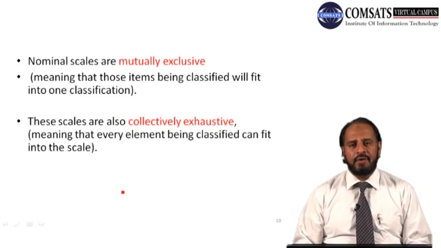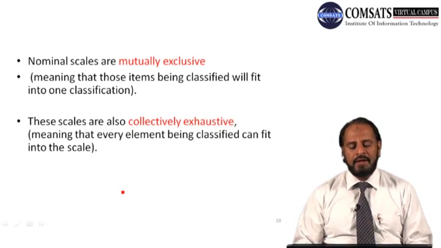If you are trying to get the province of your domicile in Pakistan, then the possible choices are the four provinces we've got, and we want to make sure that the nominal scale has the option of picking one of them. So we want to make sure that all the possible answers are there.